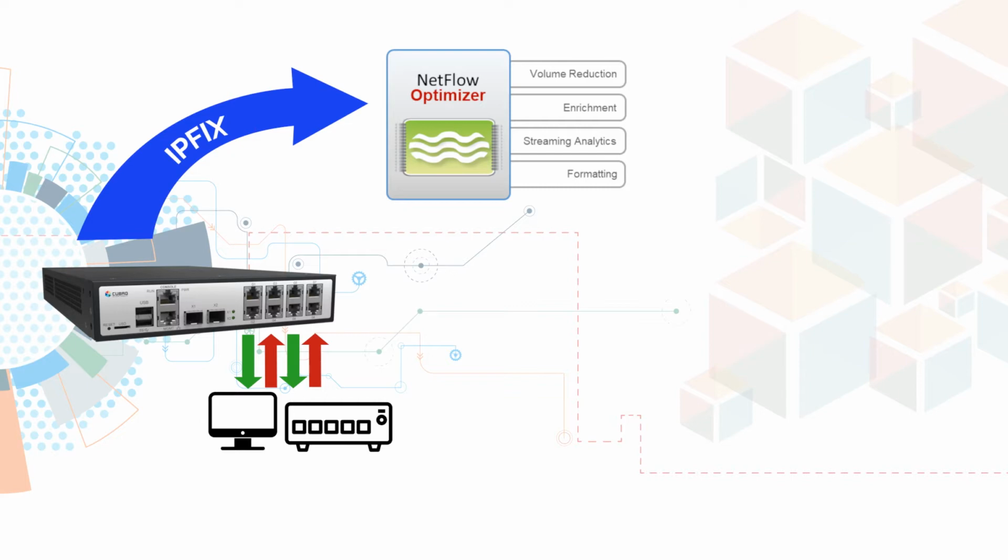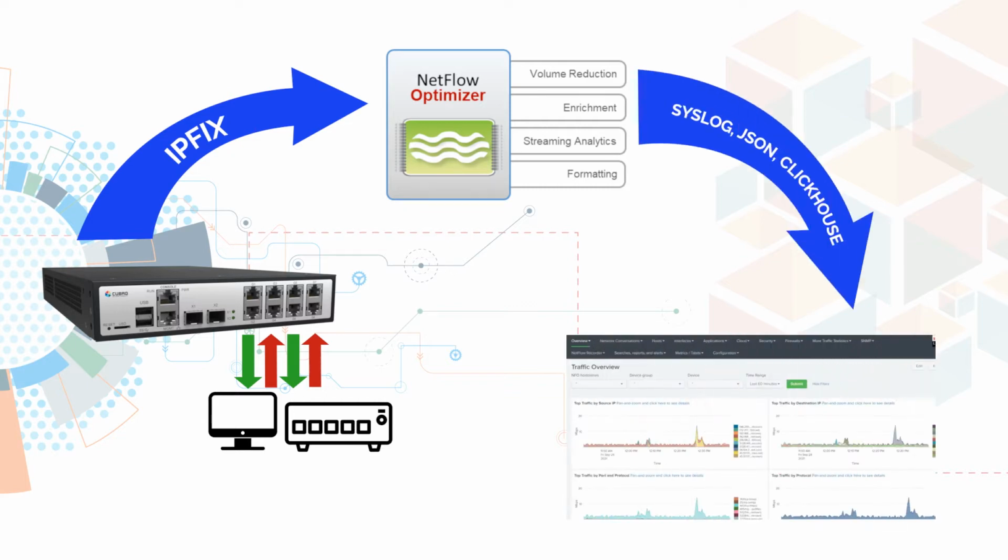In contrast, sampling flow data will reduce the volume of records, but at the expense of data fidelity since large amounts of information will naturally be skipped. With NetFlow Optimizer, we can have the best of both worlds. In fact, NetFlow Optimizer further enriches the structured data it ingests with valuable information while also formatting it for a variety of security and monitoring tools.